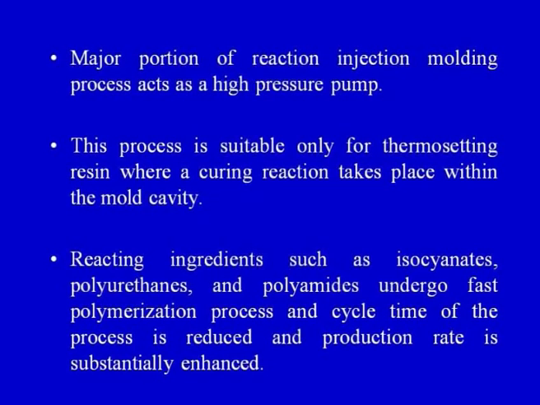During the reaction, high pressure and temperature are generated, which act as an injection mechanism, or as the pressure for the injection. So, no external pressure may be required. In some cases that may be required also, but when the reaction takes place, the heat that is generated automatically softens the polymer, and the polymer then flows into the mold cavity.